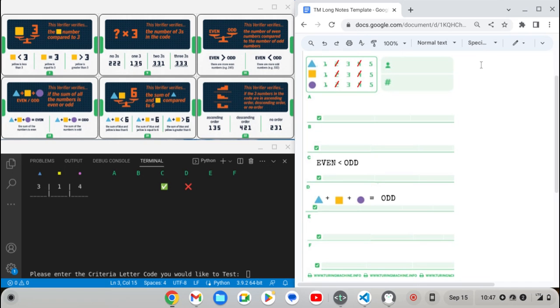And so let's see, what else can we test? It is interesting that we do have this criteria card B that lets us know how many odds there might be. So let's see.